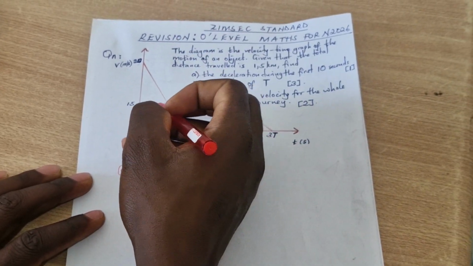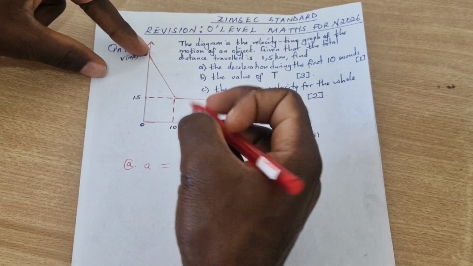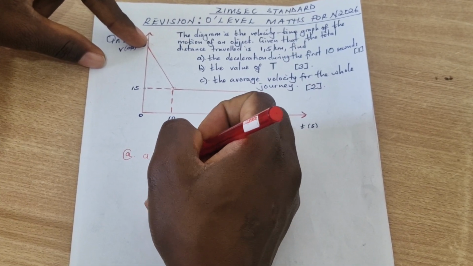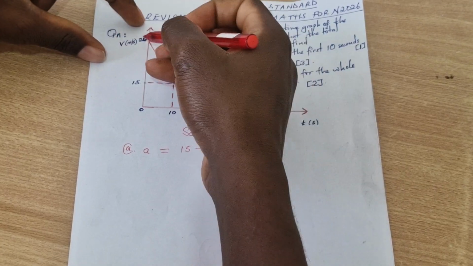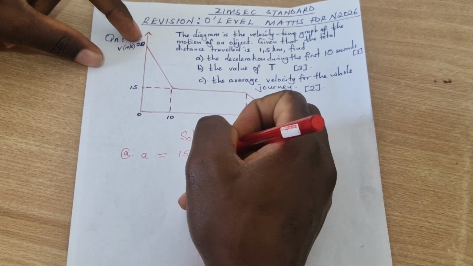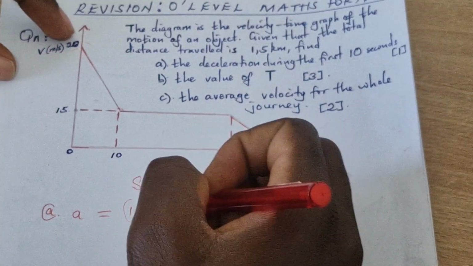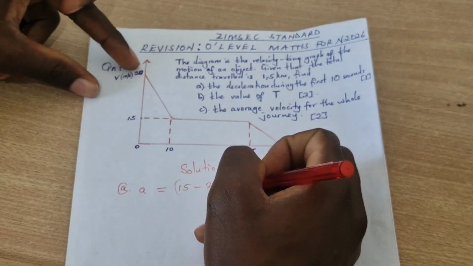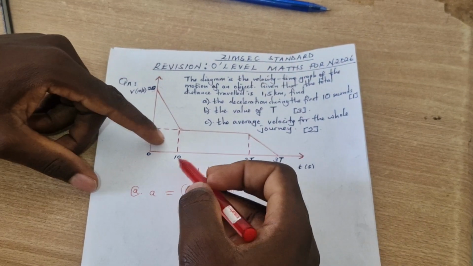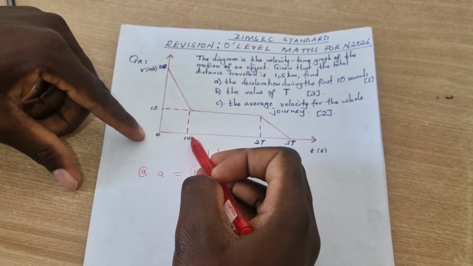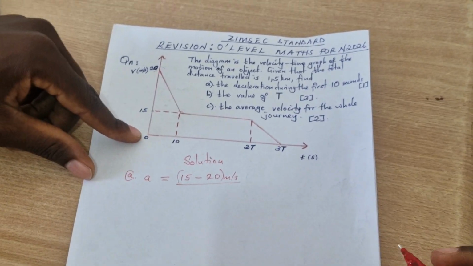So the final velocity here, from this point to this point, is 15 meters per second minus the initial velocity, which is 20 meters per second, over the final time reached, which is 10 seconds, minus the initial time, which is 0 seconds.